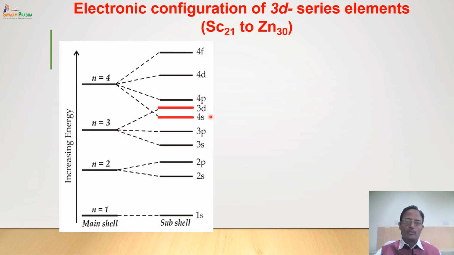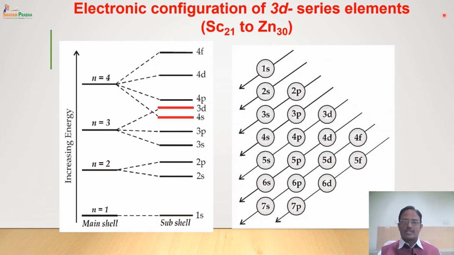But when you go to 3d, the principal quantum number is 3, and for d subshell, the azimuthal quantum number is 2. So it is 3 plus 2 is equal to 5. Now since 4 is less than 5, the energy of 4s is less than the energy of 3d, and so the electrons will first go to 4s, and after filling 4s, the electrons will go to 3d.